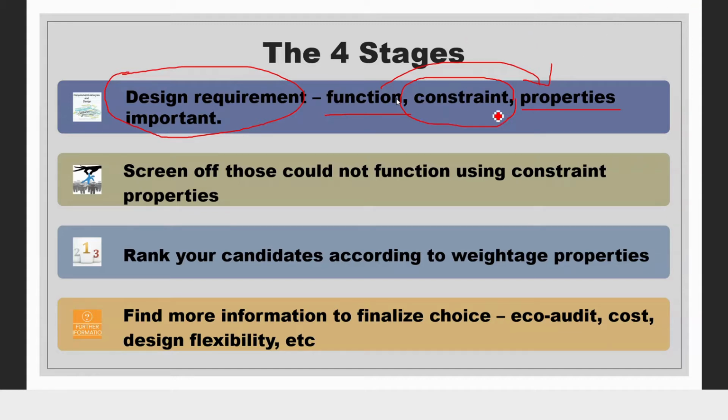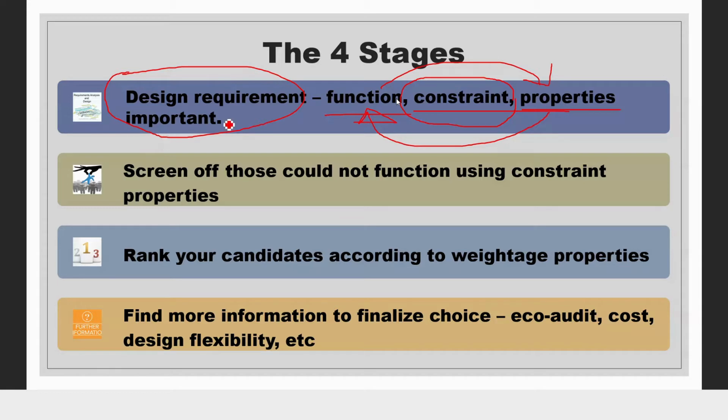Okay, nampak beza antara properties dengan constraint. Constraint ni must have. Dia wajib ada in order for it to function. Okay. But bottom line is the constraint and properties akan patah balik ke function. Sebab itu first and foremost kena tahu function.